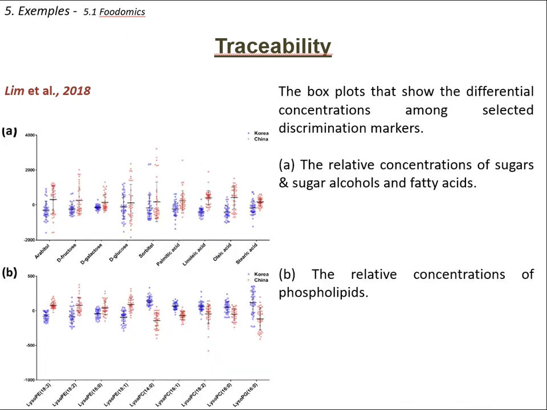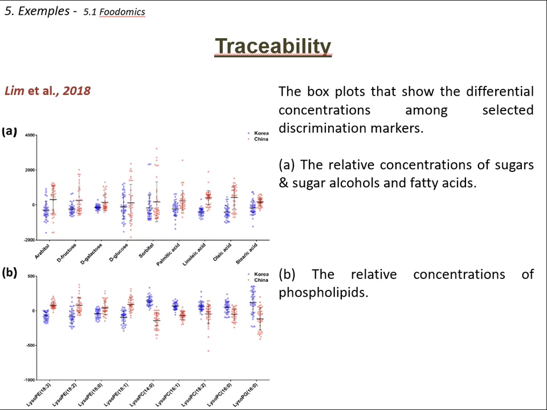Now you have box plots showing different concentrations among the most discriminating markers. The upper graph is the relative concentration of sugars, sugar alcohols and fatty acids from the GCMS analysis. Well, it's not really obvious that you have strong markers, maybe linoleic acid.